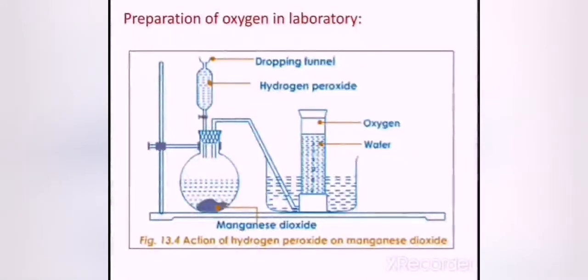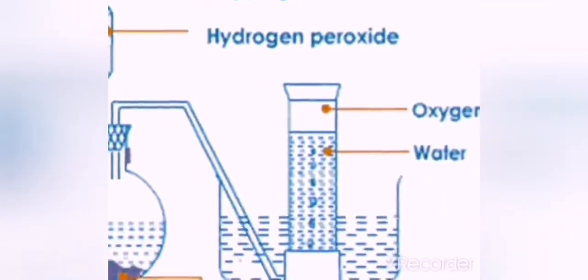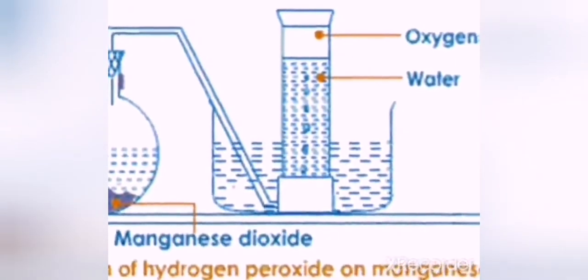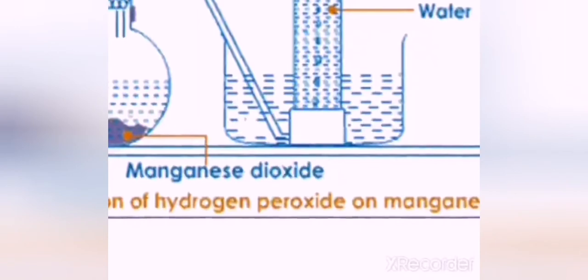Let's complete our lesson, which is called oxygen gas. In the last video, we talked about the preparation of oxygen in the laboratory. We know that oxygen can be prepared in the laboratory by decomposition of hydrogen peroxide in the presence of manganese dioxide as a catalyst to speed up the reaction.